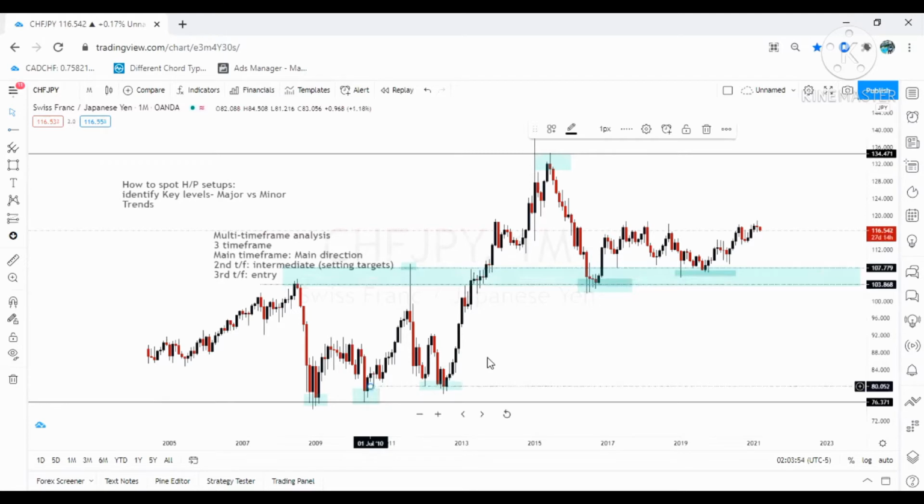So we are in, okay, we've identified our key levels, right? So let me label so we're on the same page.